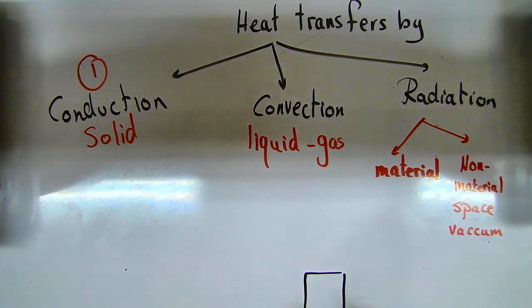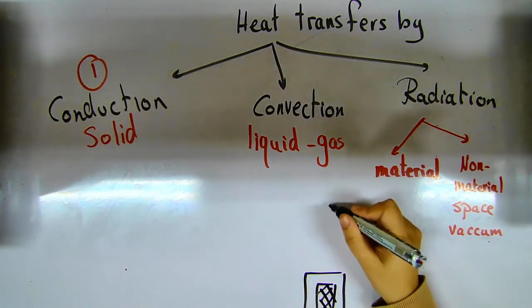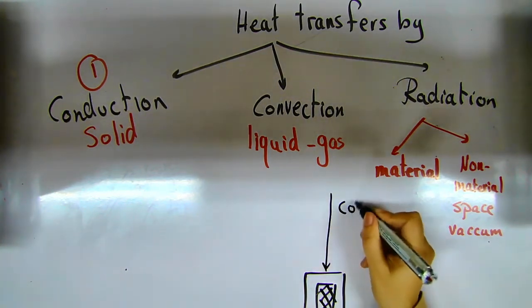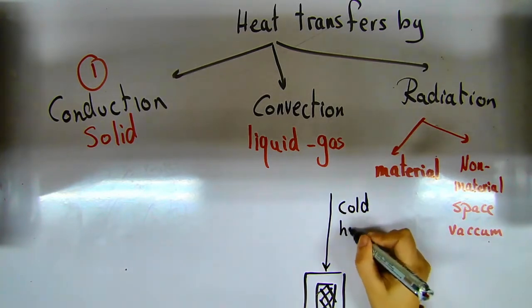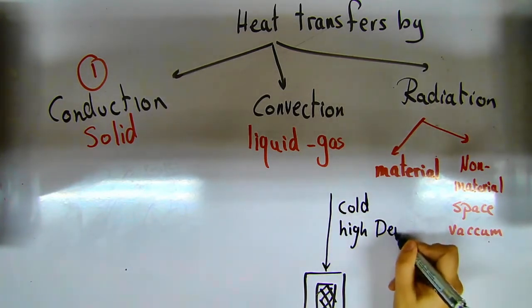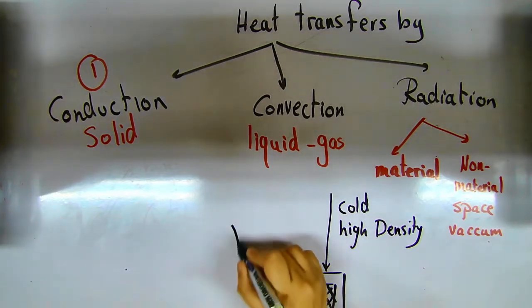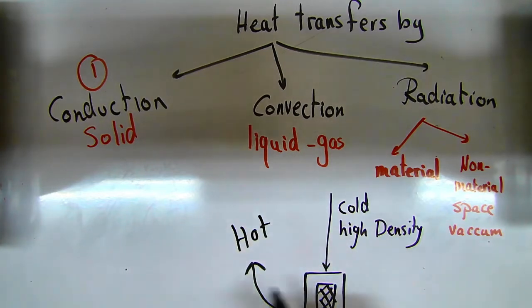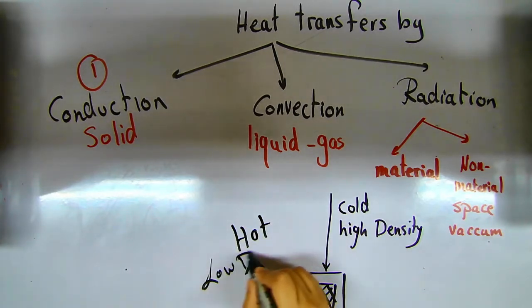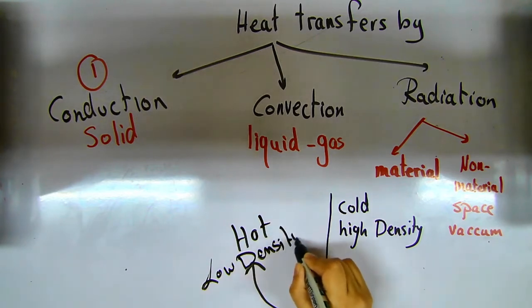If we imagine this is the electric heater, the cold air which has high density will fall down to the heater to be heated by the heater. But the hot air which has low density will rise up to warm the room.